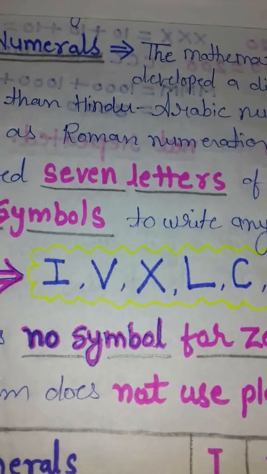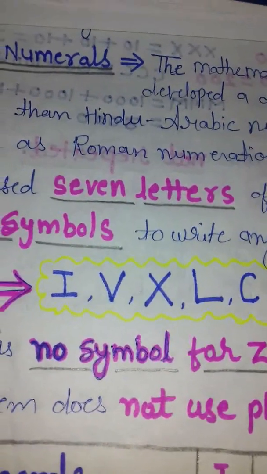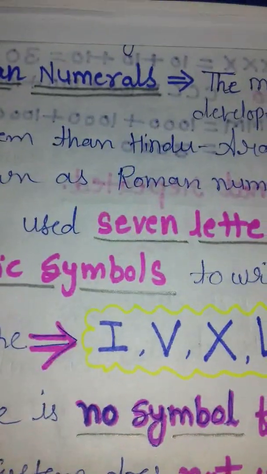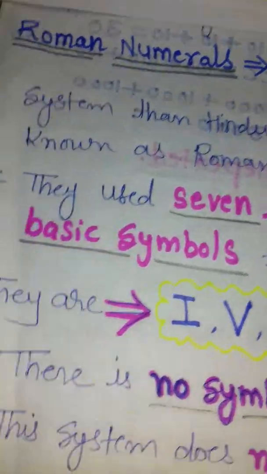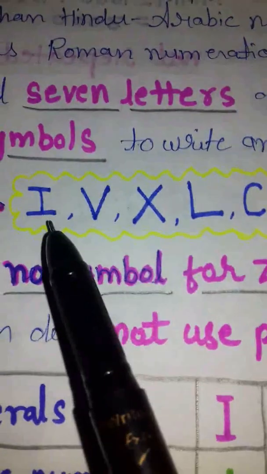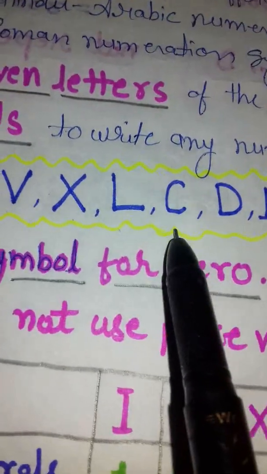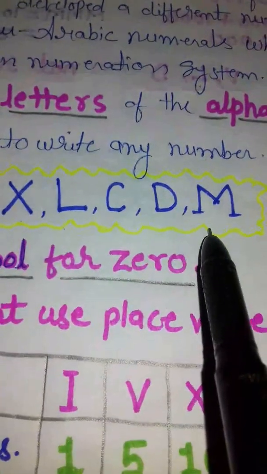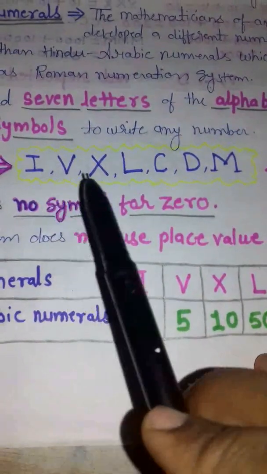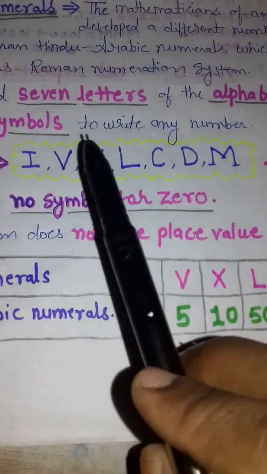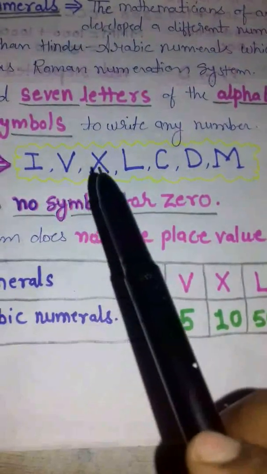Instead of that, they are using 7 letters from the alphabet as symbols to write numbers. So what are those letters? See, I, V, X, L, C, D and M. These are the 7 letters which they used as symbols to write numerals in their Roman number system.